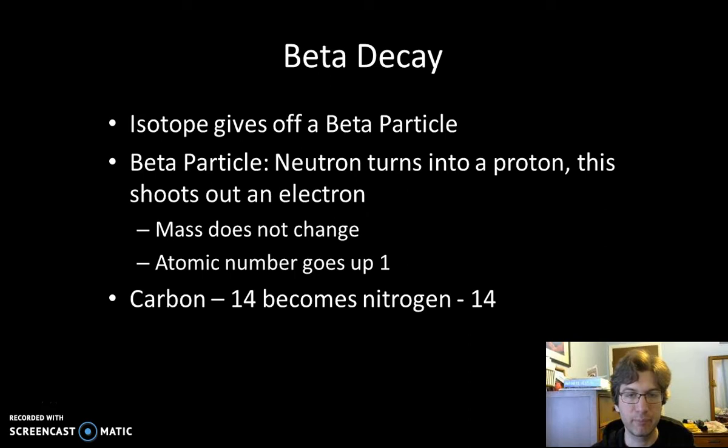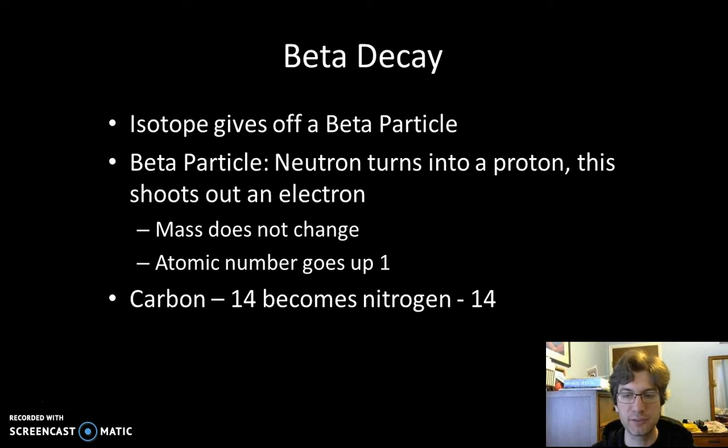What's going to happen is your neutron is going to spontaneously become a proton. Just out of nowhere, it's going to get a charge, and in doing so, it makes my nucleus more positively charged and therefore unstable, and it needs to eject an electron.